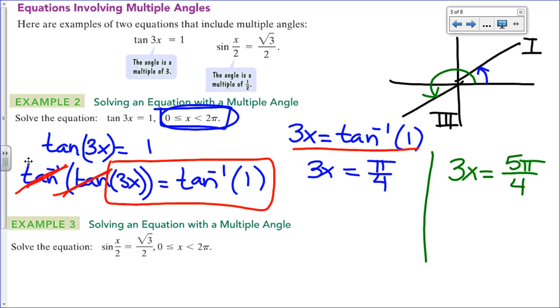And so I will say x will equal pi over 4 divided by 3. And so that is equal to pi over, what is 4 times 3? Well, 12. Pi over 12.